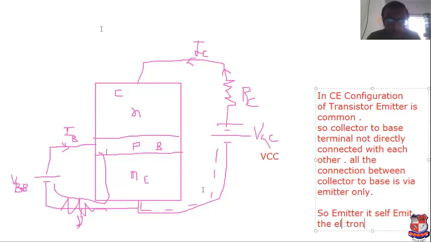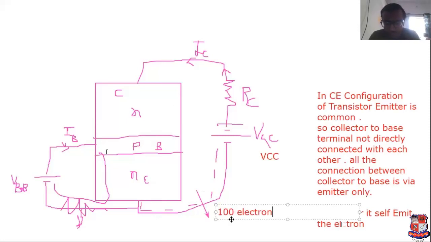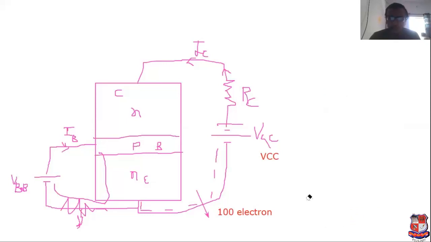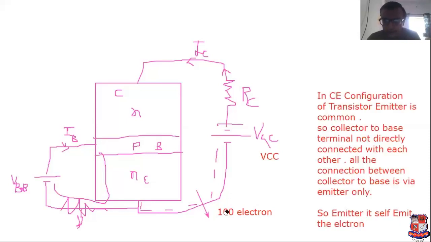Assume that if 100 electrons are present here, then these electrons travel towards the emitter.